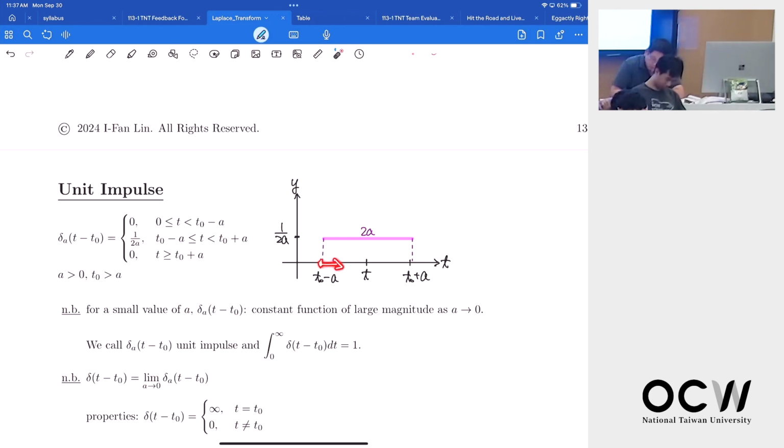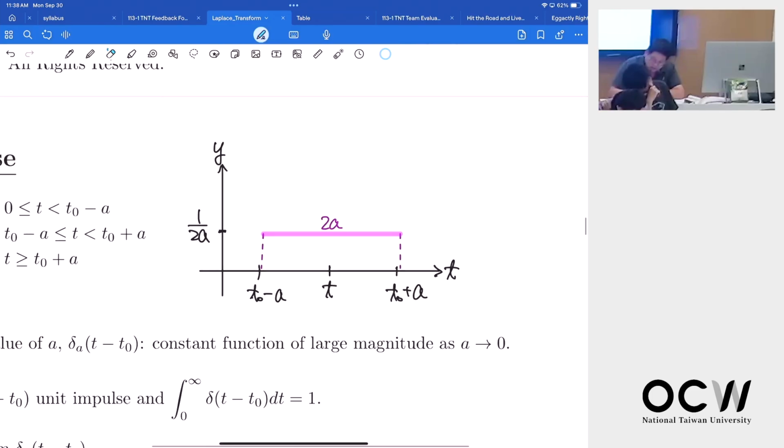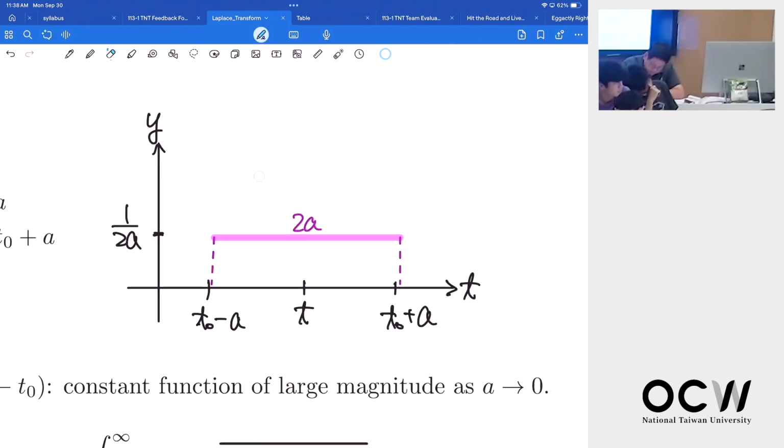The left ending point will tend to t naught, and the right-hand point also will tend to t naught. And when a is smaller, this value becomes larger: 1 over 2a, later 1 over 0.5, 1 over 0.01.